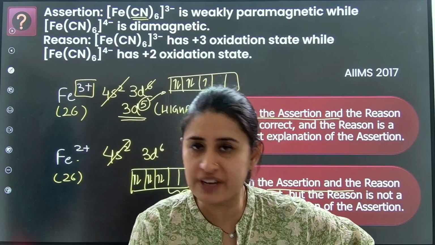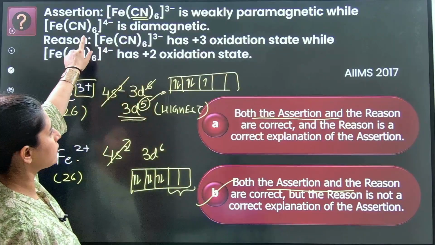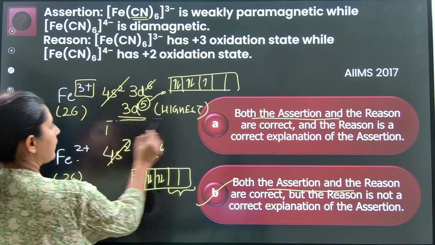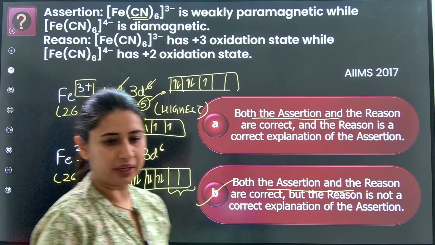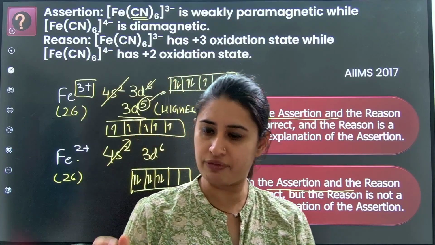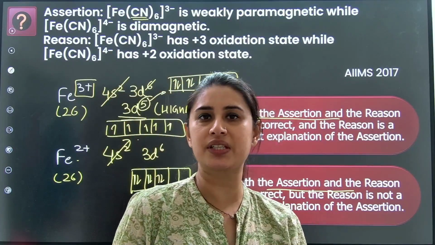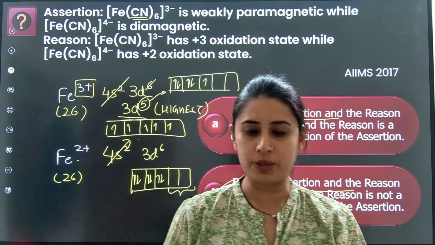We have everything to do with the pairing which is happening. If oxidation state were the explanation, the answer would have been highly paramagnetic because 5 unpaired electrons would come. That's not going to solve our purpose. The pairing because of the cyanide gives us the explanation. So the answer will not be option A.